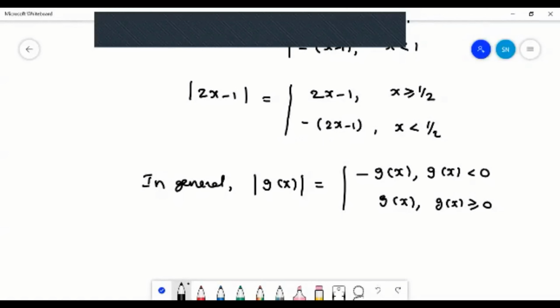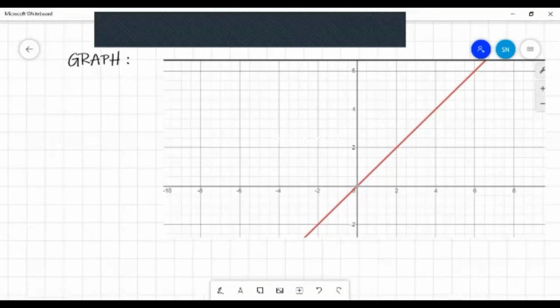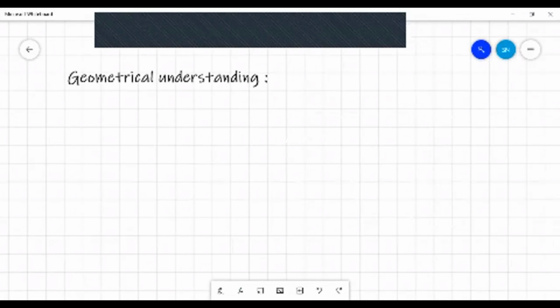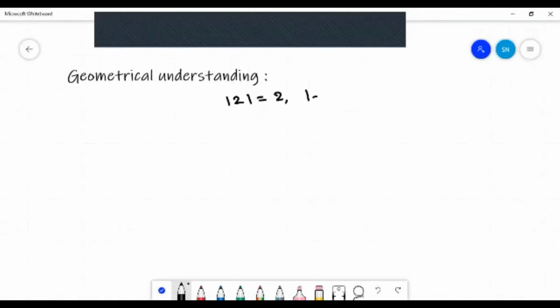How do we apply it? Coming to the next point, the geometrical understanding of modulus of x. Suppose I write mod 2 is equal to 2, and modulus of minus 2 is equal to 2.